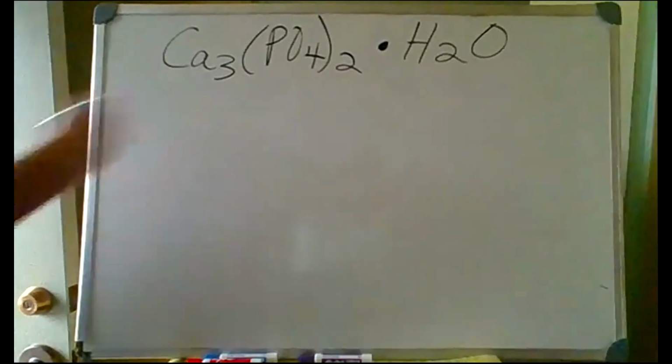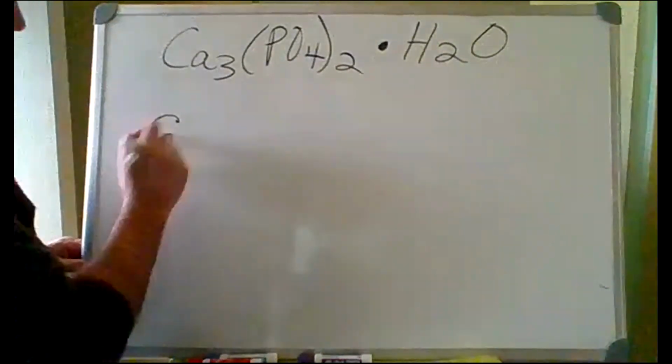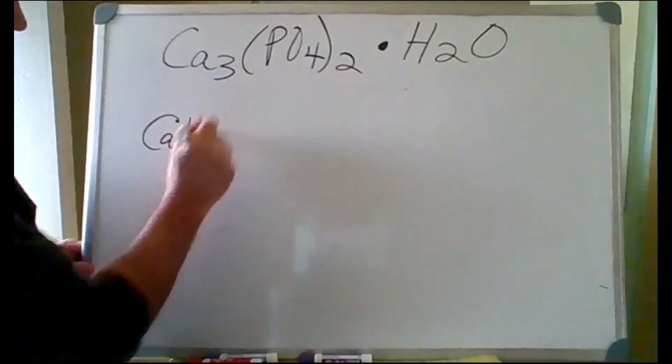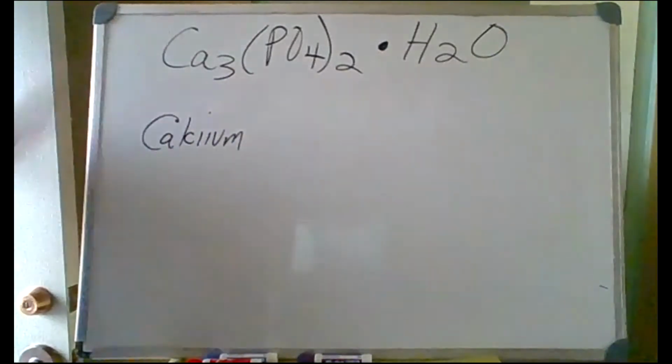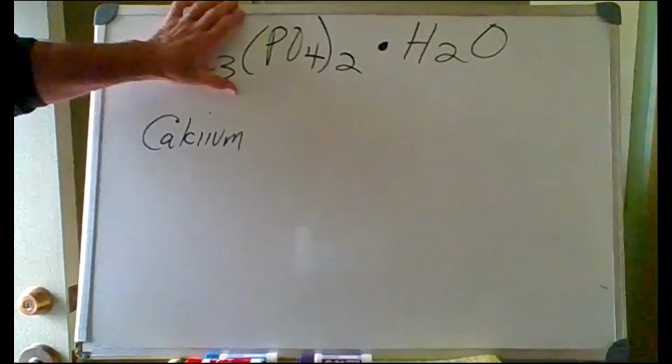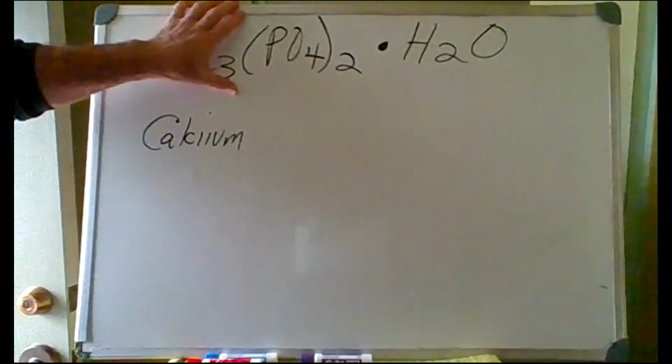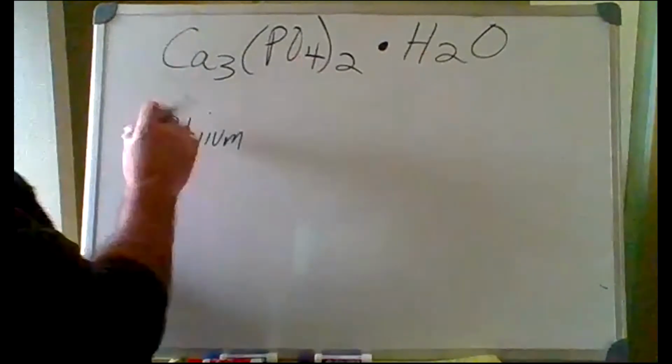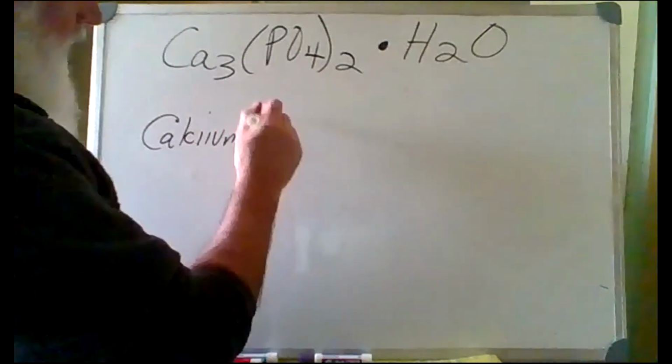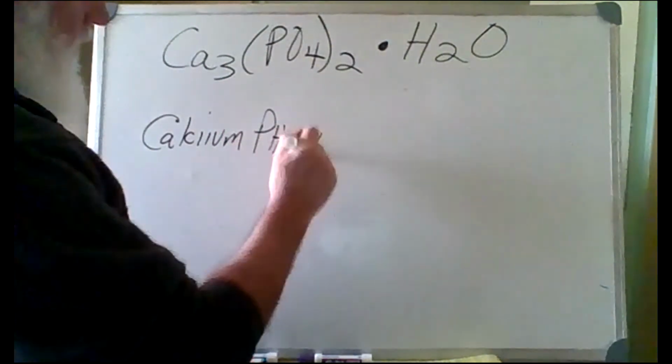So, name of cation: calcium. I cover up the calcium, and what's left is my anion. I see two elements, so I know it's a polyatomic ion. I see parentheses, reinforcement that this is a polyatomic anion. So I look on the polyatomic ion list: PO4 is phosphate.